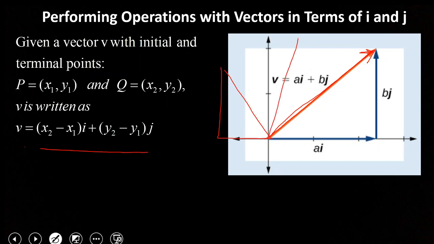I could go there by going horizontally and then vertically, or we could go vertically and then horizontally. So that means these are directions for how to get to a point in the plane. So when I write 2i plus 3j, it means start from here, go 2i to the right and go 3j up.